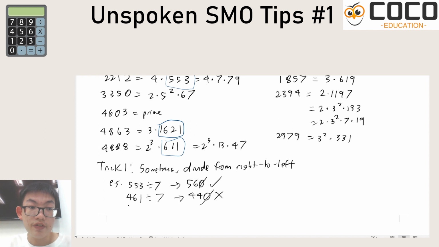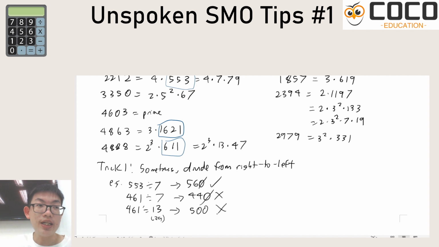If I wanted to divide it by 13, I could also add 3 times 13 to 461. That gives me 500, and 500 is obviously not divisible by 13. This is the first thing that I do. It just gives me twice as high a chance of having a nice next number that is obviously divisible or obviously not divisible.